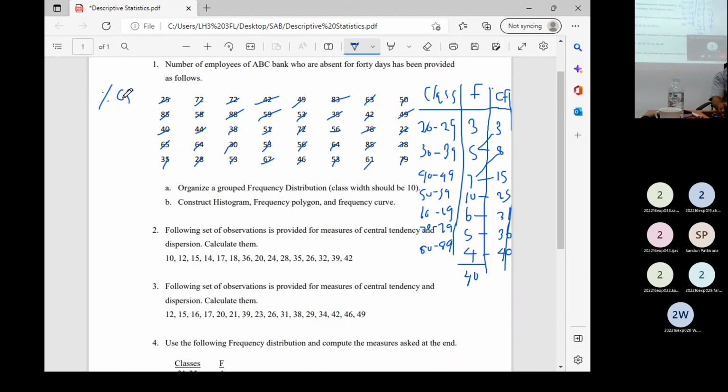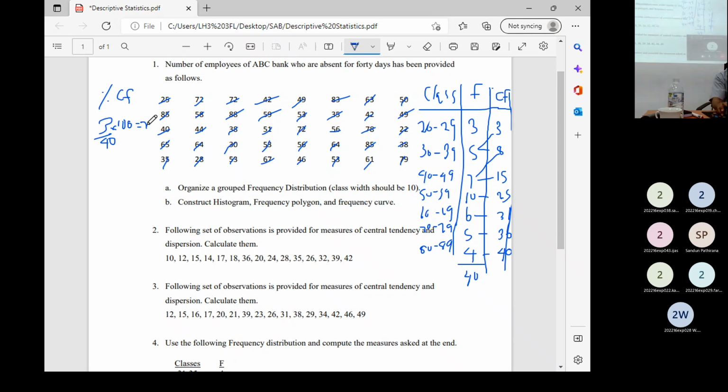Here, 3 out of 40, then to the 100, how much? 3 divided by 40 multiplied by 100. That value is the first row. That is 7.5, isn't it? So the first row is 7.5%.